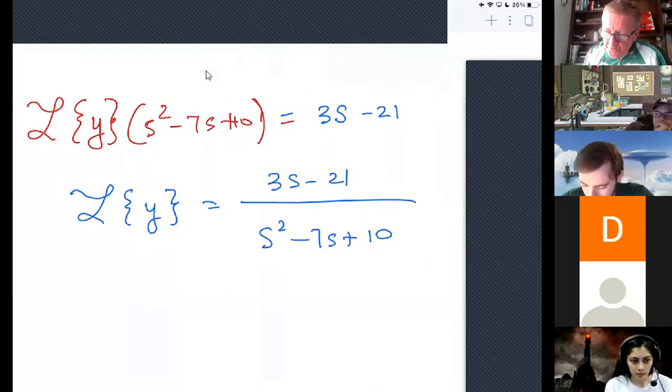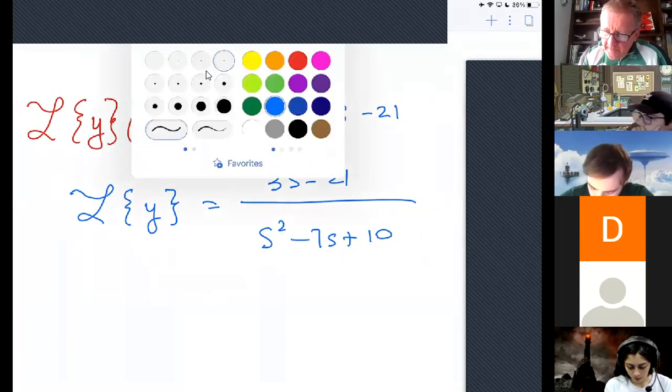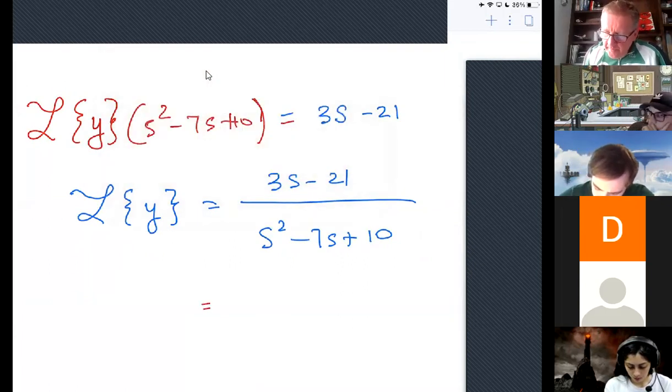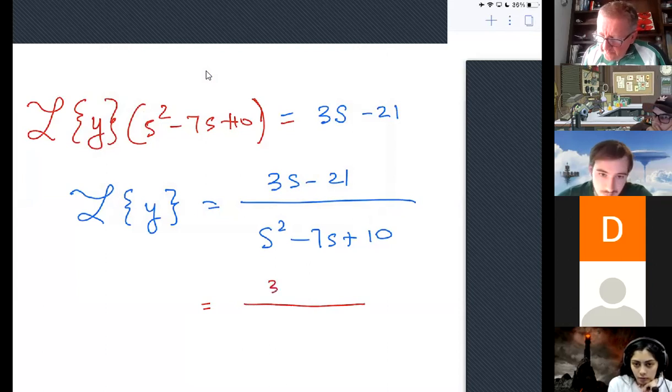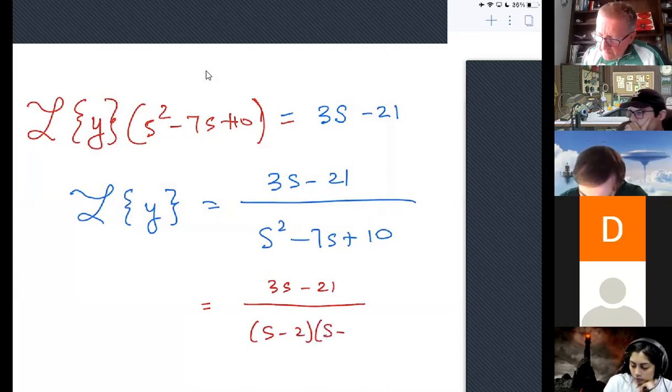So let's see, would you agree that, because I know where I'm going with this, you don't, but I'll be better at this than you would be. But I do notice that the bottom factors to s minus 2 and s minus 5.